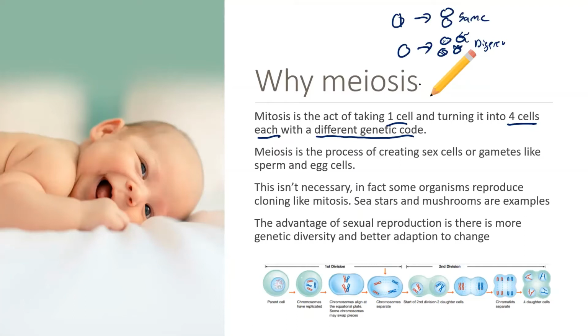The advantage of sexual reproduction is there is more genetic diversity. And there are other reasons why it's a good thing to have genetic diversity, which you can explore if you do year 11 biology. But another reason is it's good adaptation to change. It's really good for evolution to be able to change your DNA.